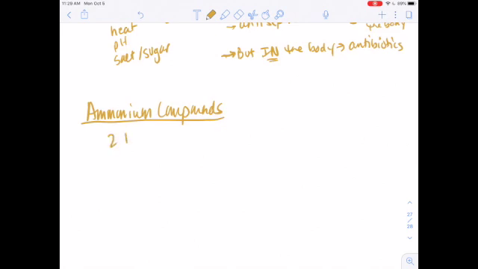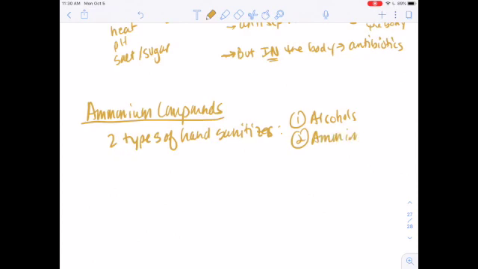There are two types of hand sanitizers, basically. Alcohols, which we already talked about, and these ammonium compounds. And the biggest one for that is benzalkonium chloride.